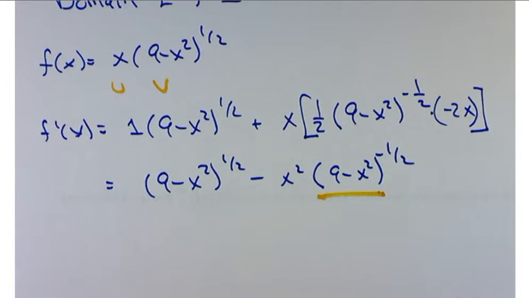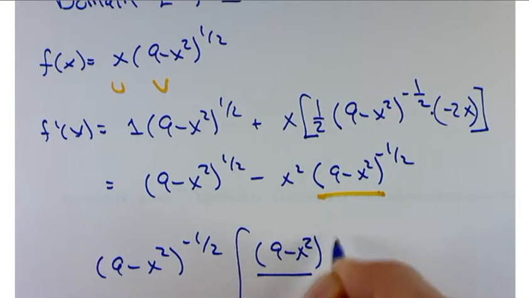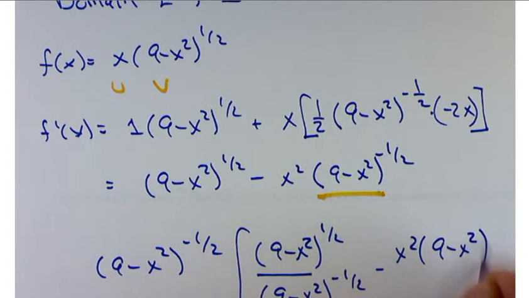And that means I need to divide both of these terms by that factor. Now, cleaning this up is your job. I'll give you a minute to catch up here.